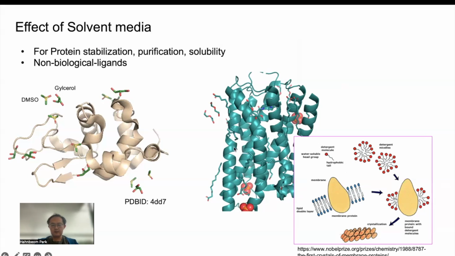By using detergents, people were able to crystallize these membrane proteins, and many membrane protein structures were determined this way. In some cases, detergents do not crystallize well, so they are just blurry and not deposited in the PDB. But in other cases, some detergents still remain in the structure, showing how detergents surround these membrane proteins. Again, these are not actual biologically meaningful ligands. They are just small molecules used for determining the protein structure.